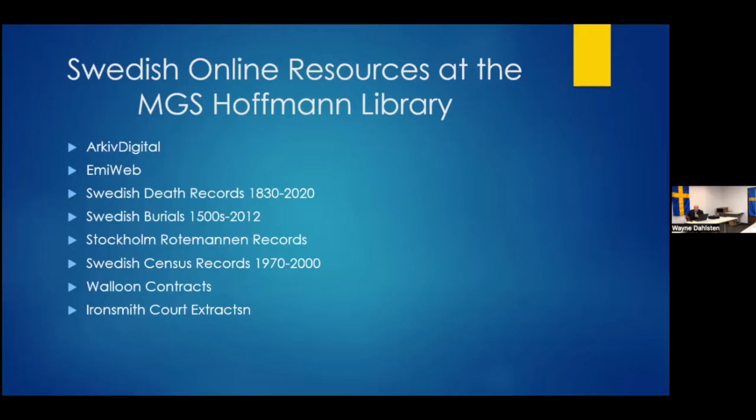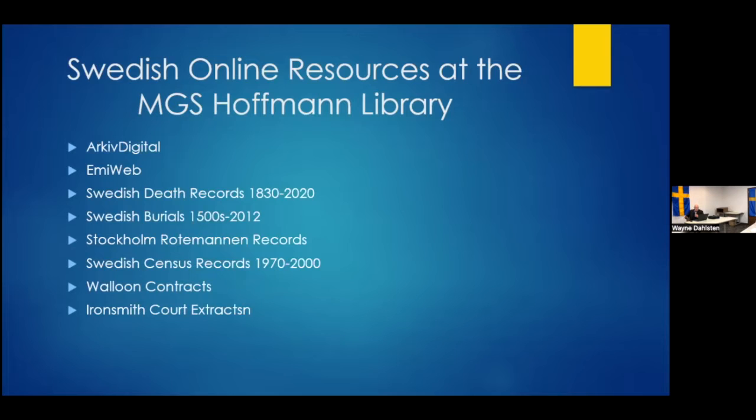Essentially, everything that the basic Swedish researcher would need to do research. And so that's a great resource. If you don't have it at home, that's a great thing to have here.